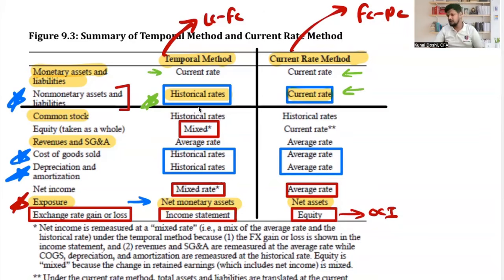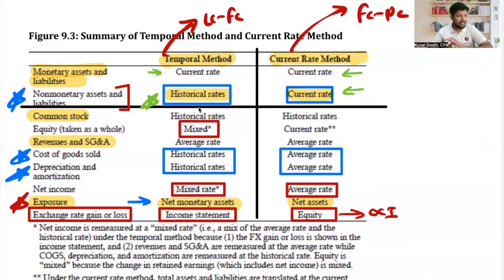Everyone, this is clear? Okay. Now, because of this, if the foreign currency appreciates, where will you see higher value of assets? Under the temporal method or under the current rate method? Please tell me. Yes, everyone?